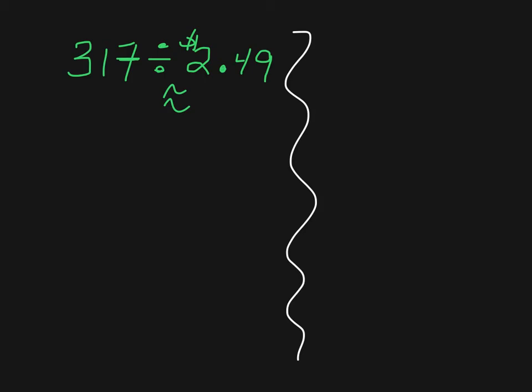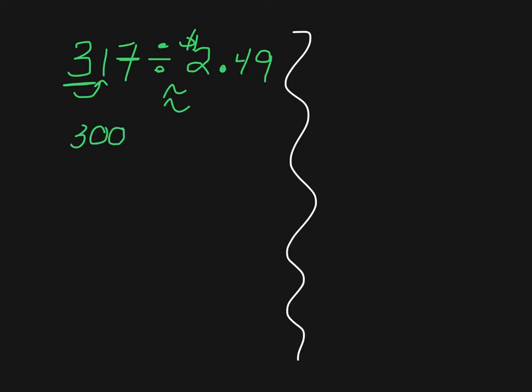So first things first, let's go ahead and mess around with this 317. And since we like to have as many zeros as possible, let's round it to the nearest hundreds place here. So we look off to the right, the 1 is less than 5, so the 3 is going to stay the same, and the rest of the numbers are going to become a 0.